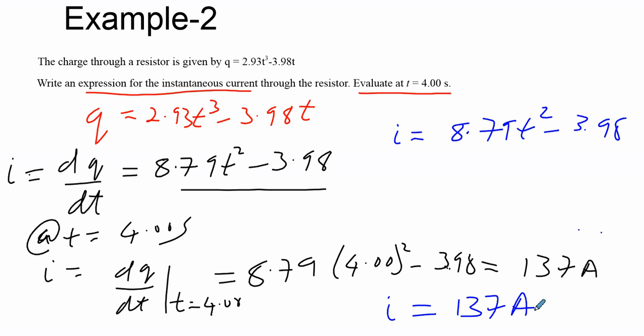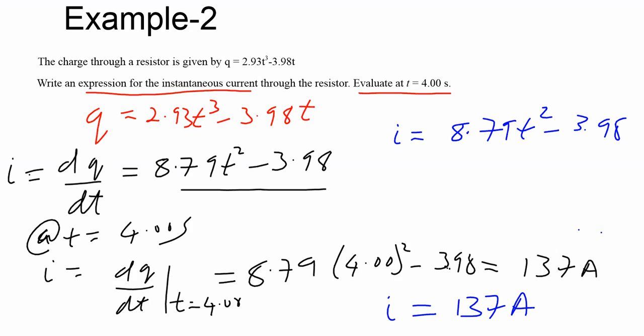So that's how you can solve. So the most important here is you have to know how to do the derivative, and what we applied here is a power rule.